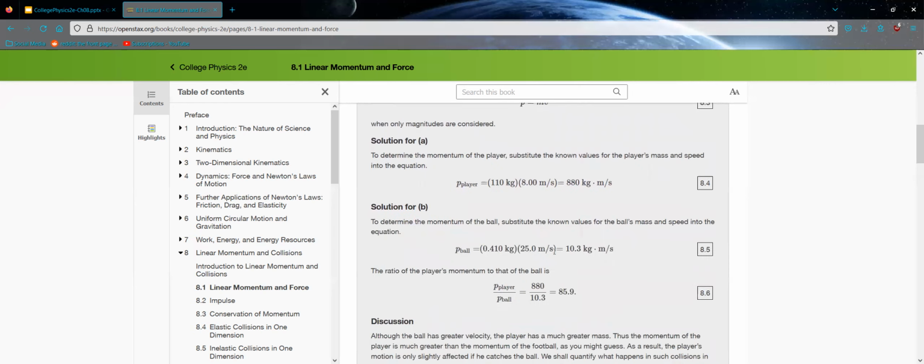Well, easy enough. Multiply 0.41 times 25, we get 10.3 kilogram meters per second. So a player that is a lot larger, but moving a lot slower, has 85.9 times the momentum of the football. And that makes sense because the football needs to be moving stupidly fast to make up that difference, right?